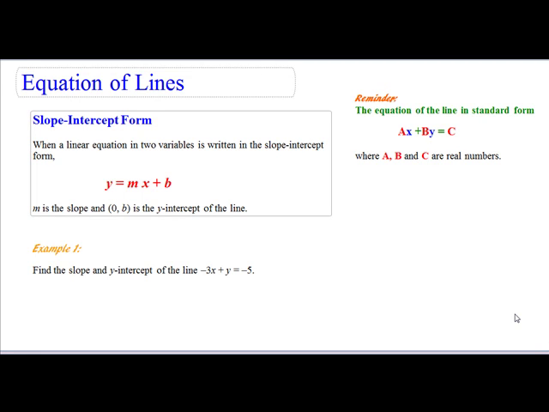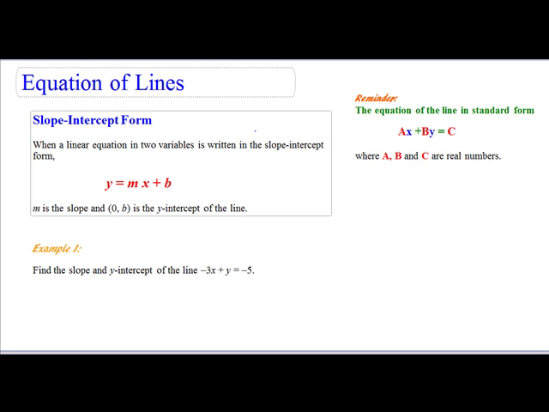In this section, we're going to study the equation of the lines. In the previous section, we studied the equation of the line in the standard form, and that looks like a times x plus b times y equal to c, where a, b, and c are real numbers.